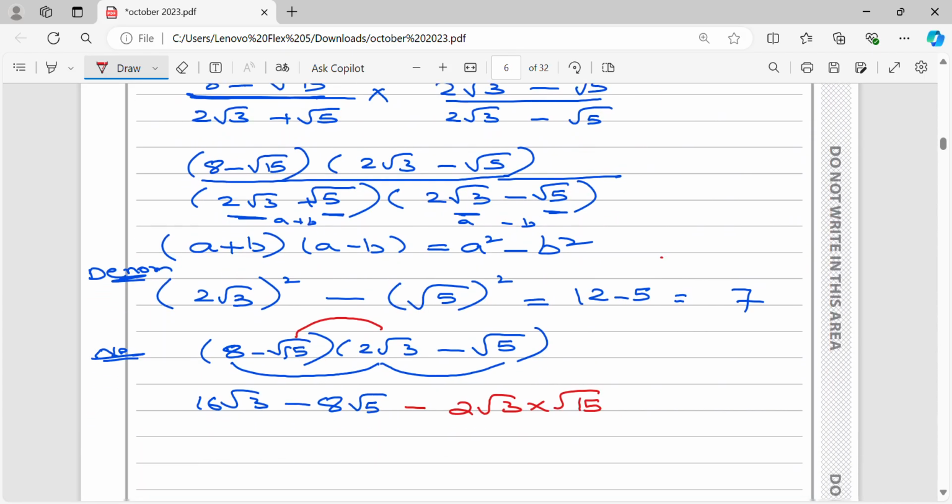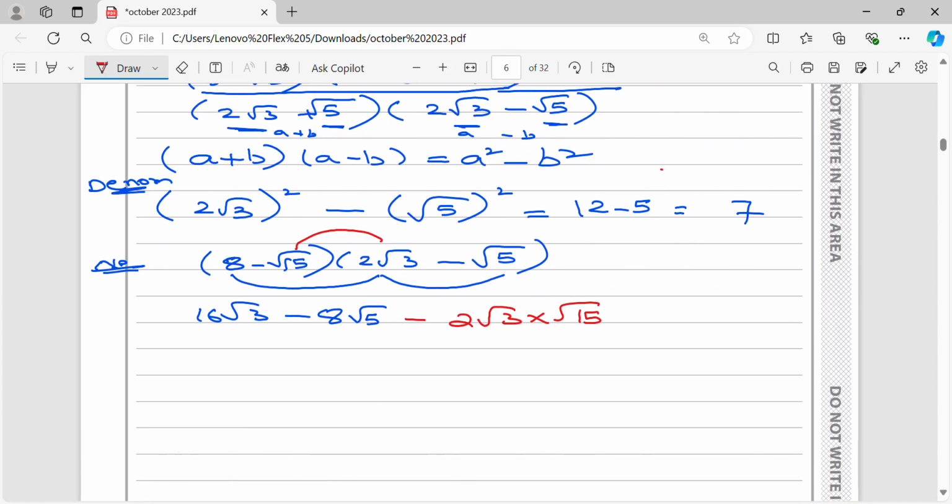So you have to show some steps here, but make sure you look at the mark scheme, because sometimes the mark scheme tells us which step will give you a mark. So let's do the last step: minus root 15 times negative root 5 is negative negative positive, and root 5 times root 15.